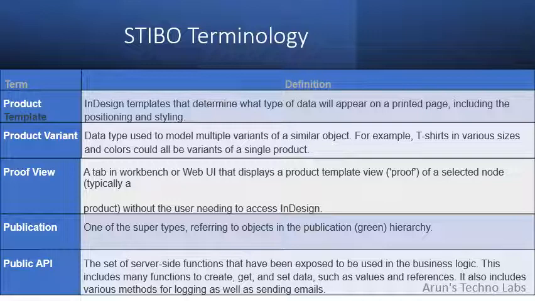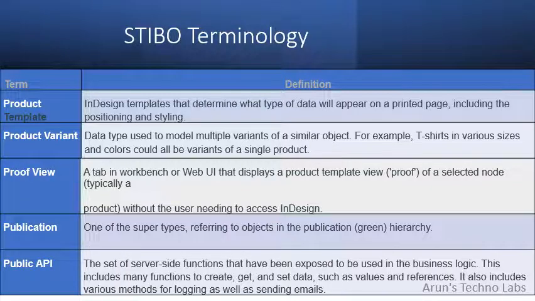The variants of a single product are called product variants. Proof view is just a tab. There is nothing much to know about it. It is just like a web UI to display as part of the product template view.